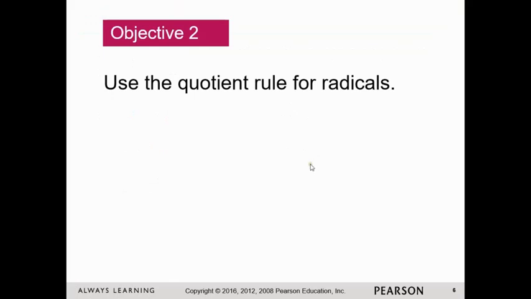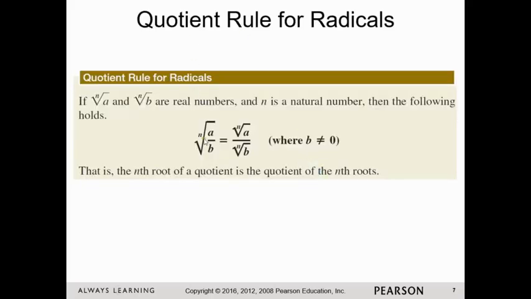Next is the quotient rule. We've used this before when we've dealt with fractions. So if we have the nth root of a and the nth root of b, n is a natural number, the following holds. The nth root of a over b is the same thing as the nth root of a over the nth root of b.